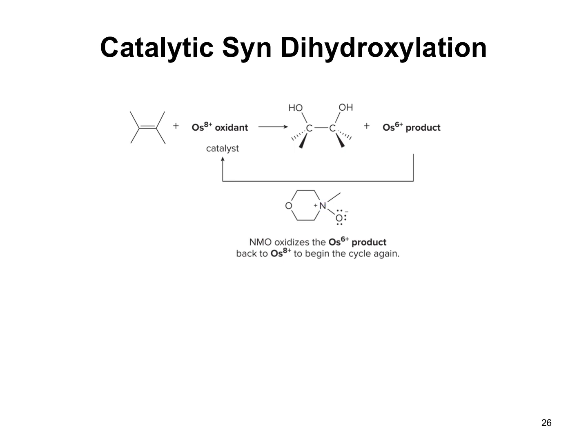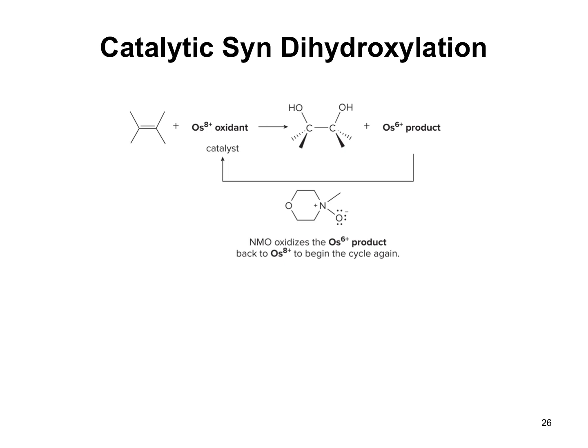So in this catalytic process, dihydroxylation of the double bond is going to convert this osmium 8+ into a 6+ product, and then that can be reoxidized back by the NMO here. So that's a catalyst that is used pretty frequently in that syn dihydroxylation.